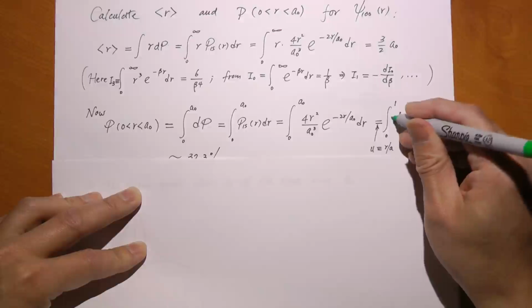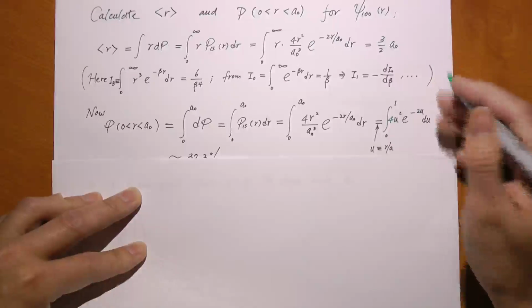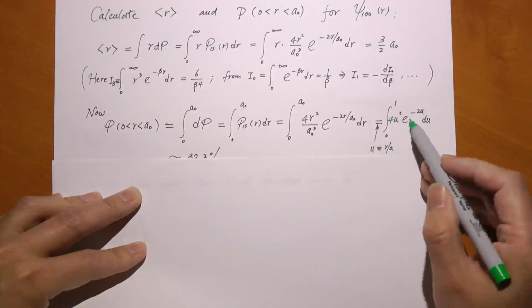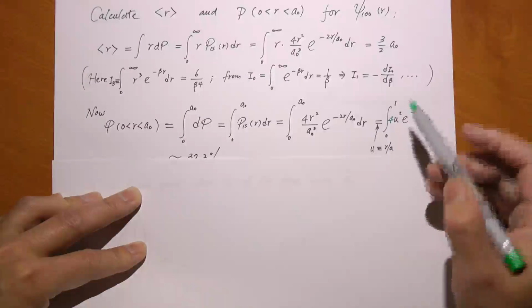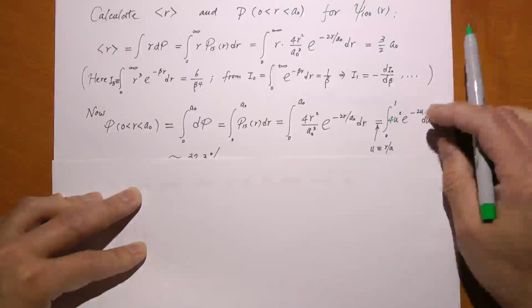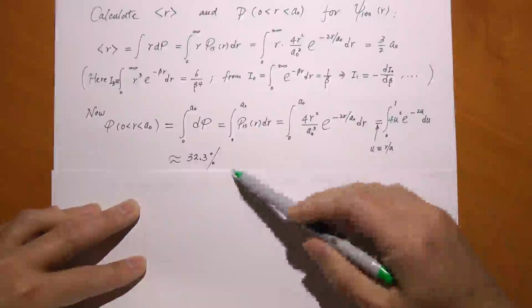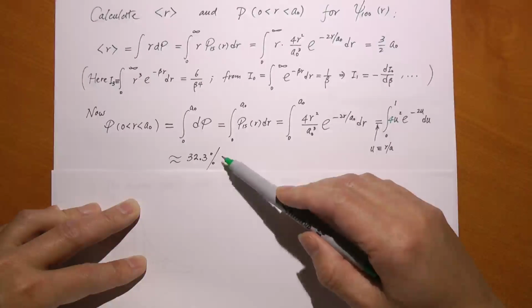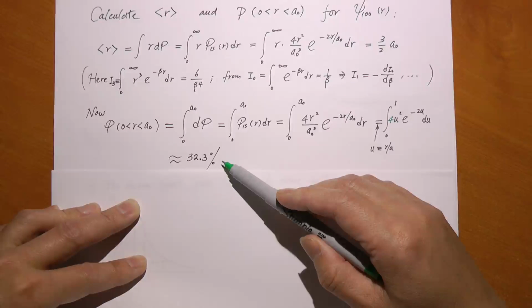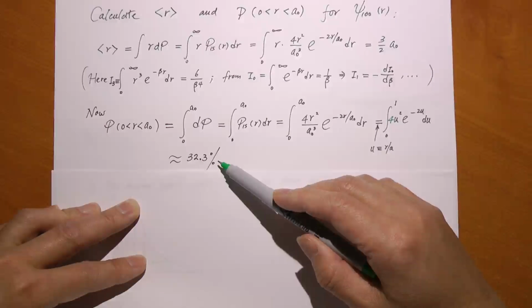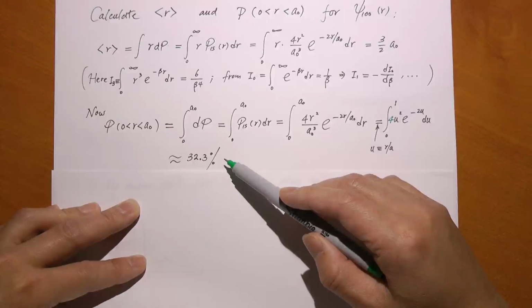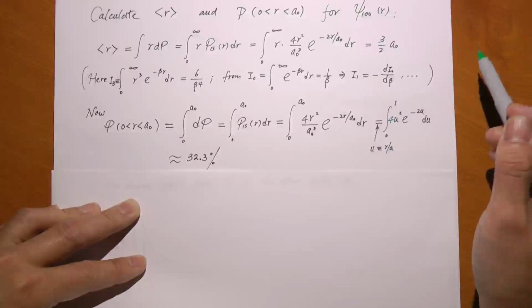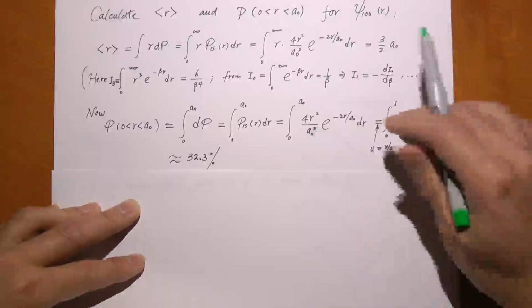Anyhow, you can easily work this integral out. You can integrate by parts, or you can use the same trick that I did here. It doesn't matter whatever you do, you're going to get this. This is the final answer. It's 32.3%, which means, roughly speaking, the chance of finding this particle within the first Bohr radius is about a third. There is about a 2/3 chance the particle is found outside the Bohr radius, and about 1/3 to be found within the Bohr radius.